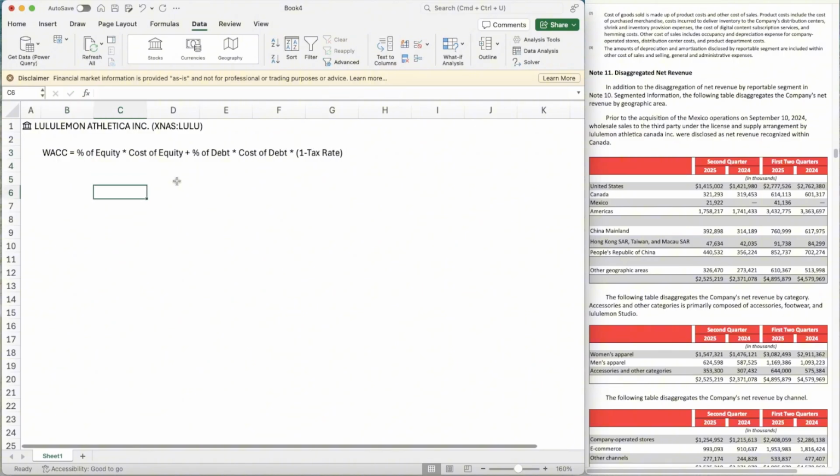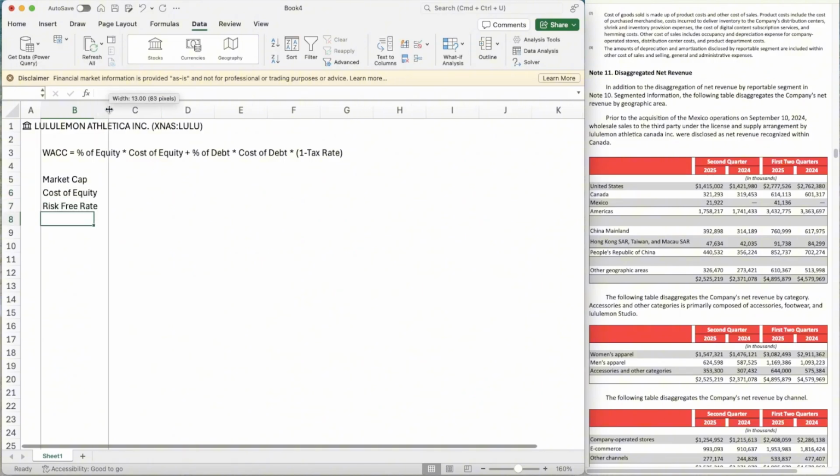And the components we need from this, so we're going to go market cap, then we need cost of equity, and we're going to put the components of the cost of equity here. Make this B column a bit wider. Risk-free rate, we want the beta, cost of equity risk premium.